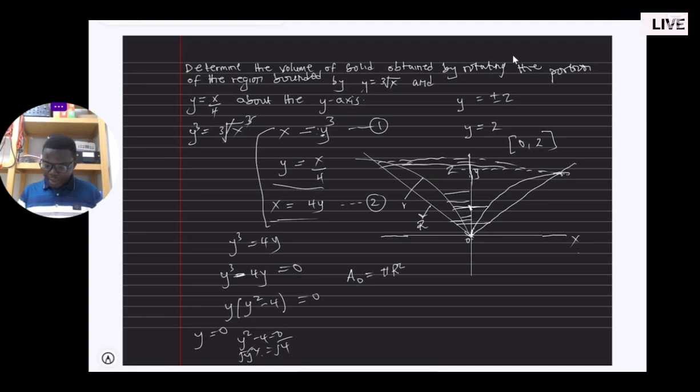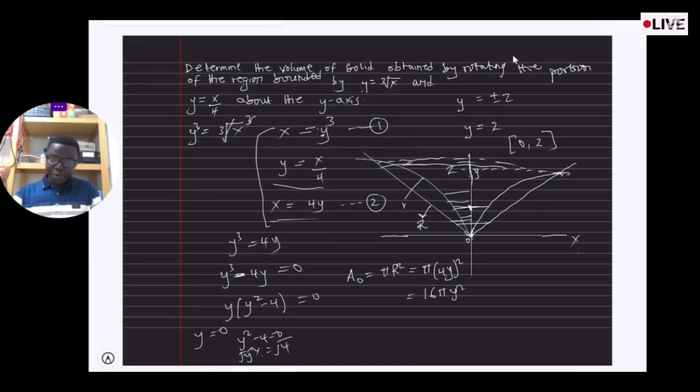So in that case, our outer function A_O will have an area of pi capital R squared. The radius for the outer function, x equal to 4y, is going to be pi times (4y) squared. That gives us 16 pi y squared. This is what we have.